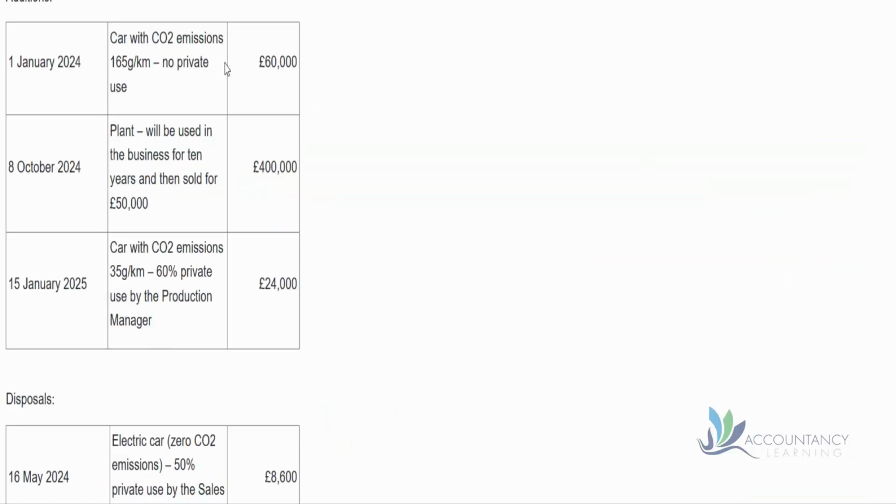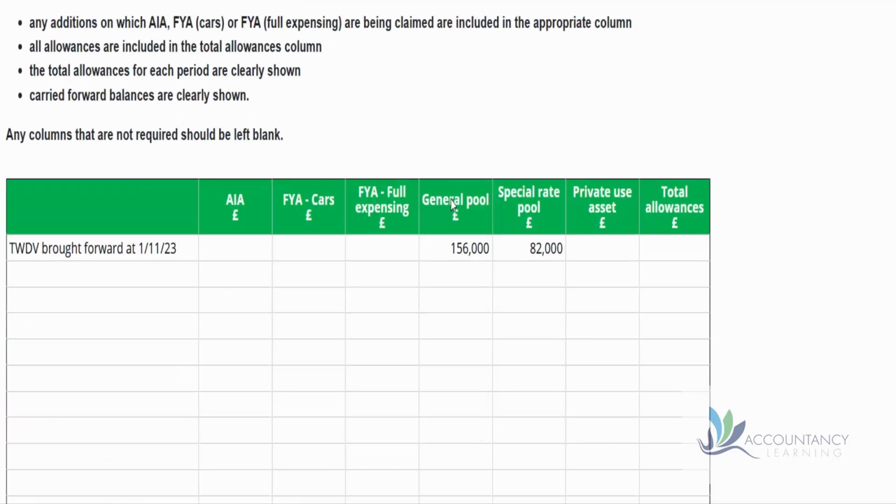So we've got 1st of January 24, 60,000. Let's put that in our special rate pool. The car is 165 grams per kilometre, so the full 60,000 goes into the special rate pool.